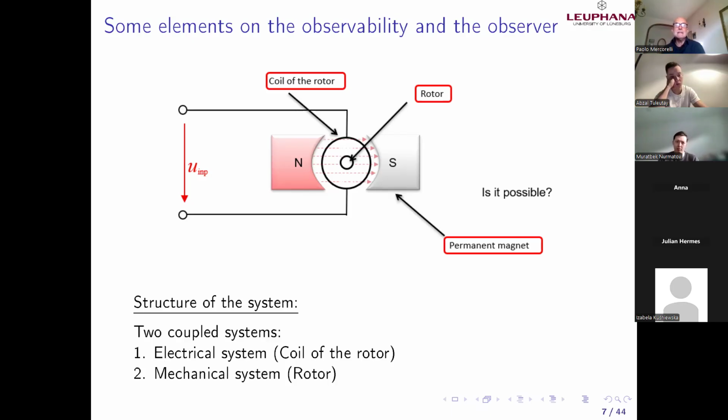But anyway, the second system is the mechanical system, a real system, which consists basically of the moving part, in this case a rotor.